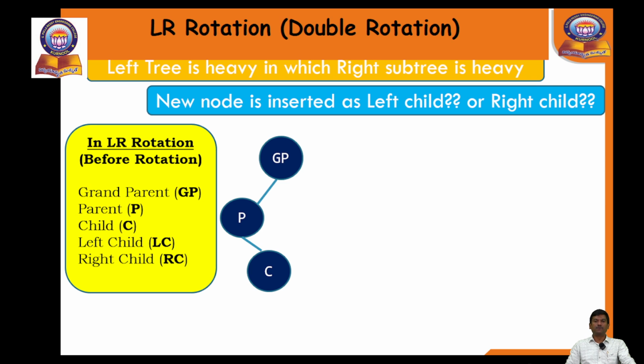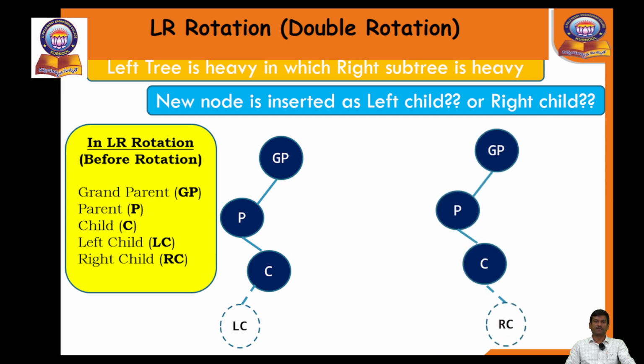Here the new node is to be inserted as the left child, or it can be inserted towards the right child. Consider the left child is inserted to the left of C. Then it is an unbalanced state. You have to perform a certain rotation, that is double rotation. Similarly, in this scenario, the right child is placed to the right of the child C.